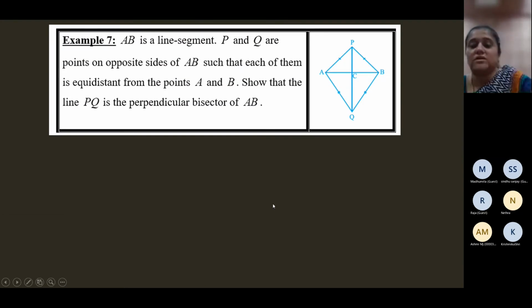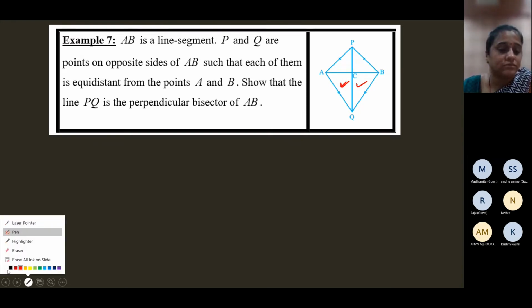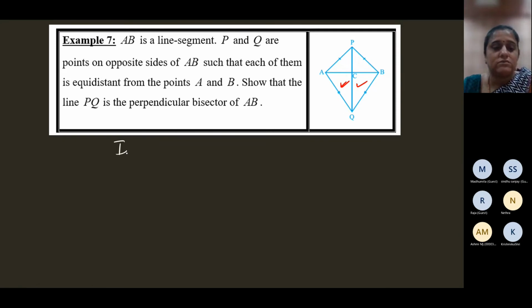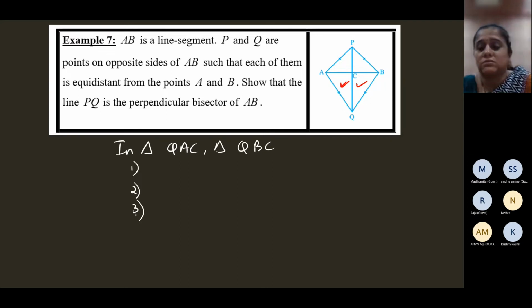Okay, I'll ask. Yeah, Raja. Show that these two triangles are congruent to each other. List out the information you have to show that these two triangles are congruent to each other. Raja?